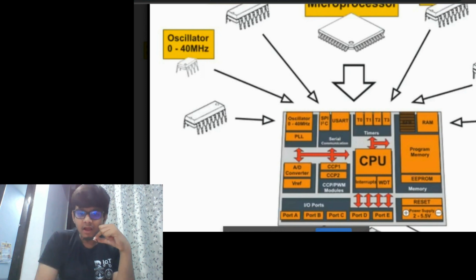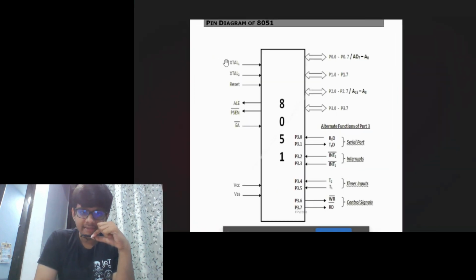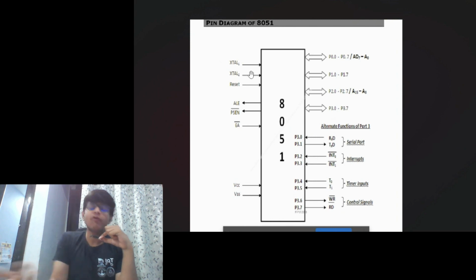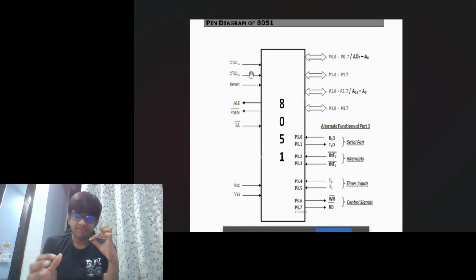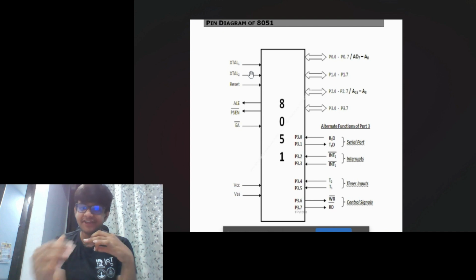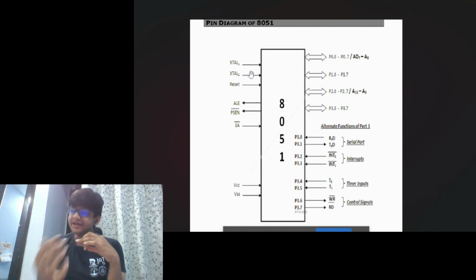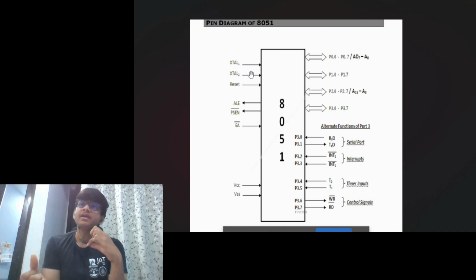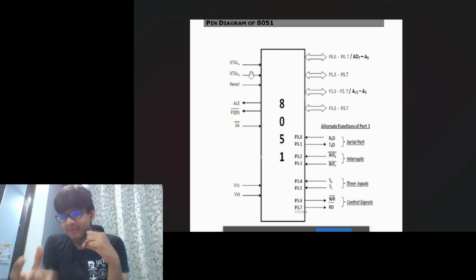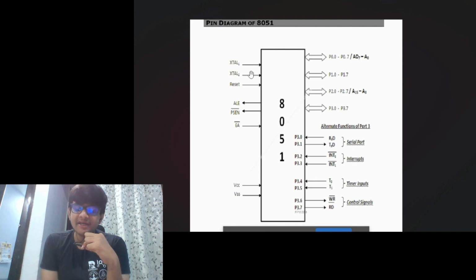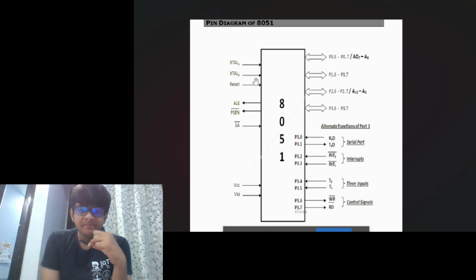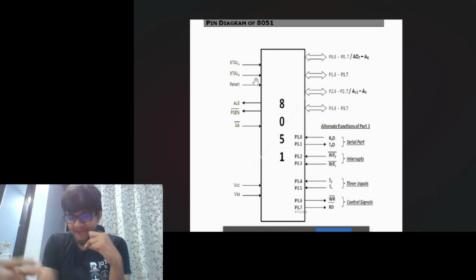So what do XTAL1 and XTAL2 do? They make an oscillation to generate the frequency, which helps with the clock pulse, as you may have learned if you are an electronics engineer or have studied digital logic. So it generates some frequency.